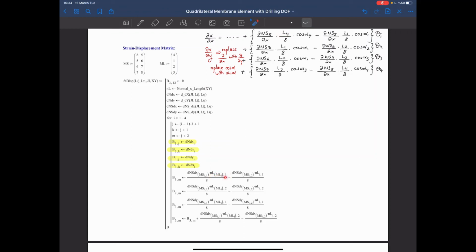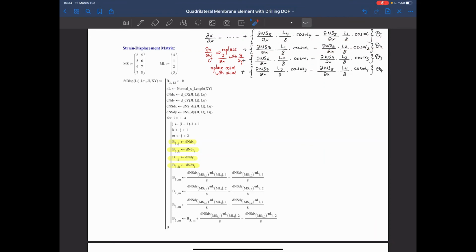This shows that it's cosine. 4, 1, 2, 3 divided by 8 will give me this coefficient, and this one will give me that coefficient. So m changes, it goes like 3, 6, 9, 8, 12. So at every rotation I'm just putting the corresponding coefficients.